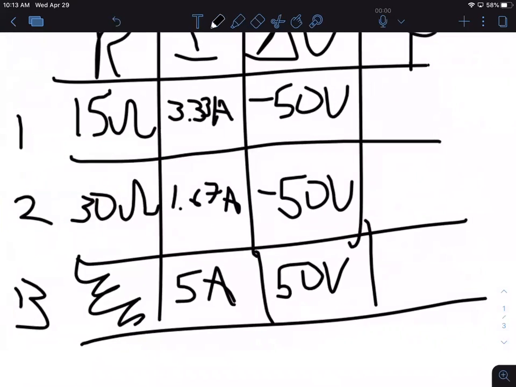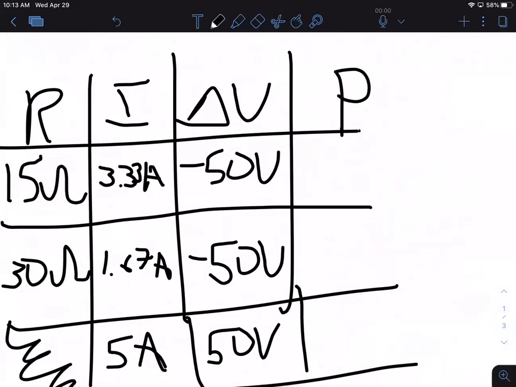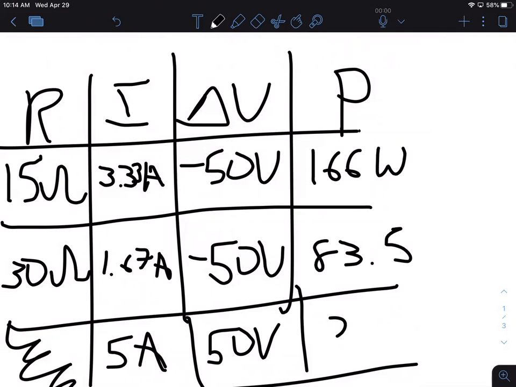And then again, in this example, power is just doing some multiplication afterwards. So we've got 3.33 times 50, 166 watts. 1.67 times 50, 83.5. 5 times 50 is 250 watts.